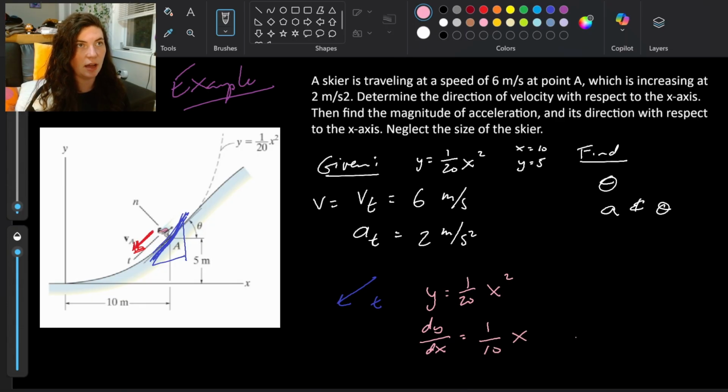And again, our x at point A is 10. So that's 1 over 10 times 10, which gives us 1. Our derivative gives us a slope of 1.